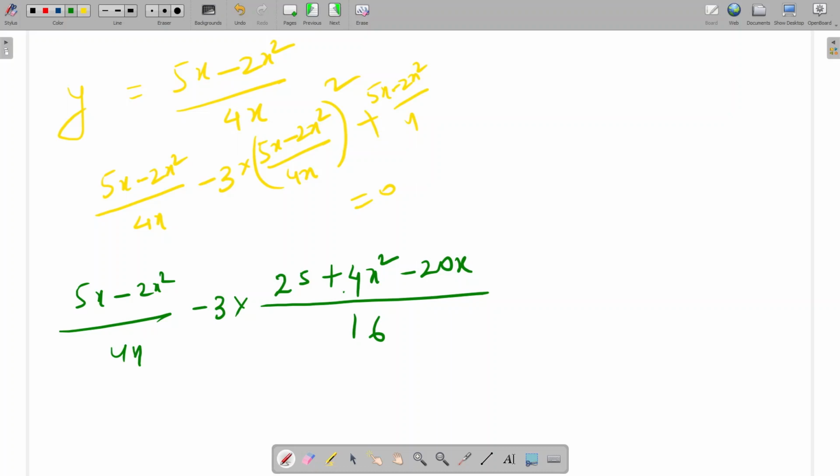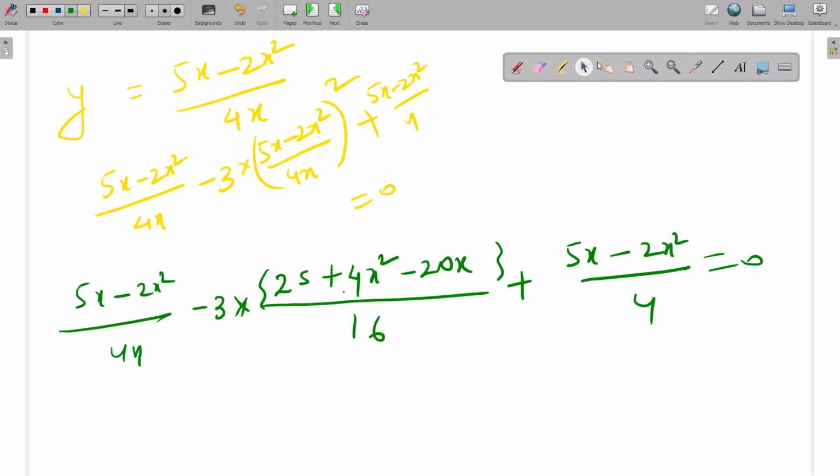Okay. Plus 5x minus 2x square by 4. This 3 is multiplied here. So we can take the LCM of this one. What will be the LCM? Can anyone tell? The 16 is there, 4 is there, and 4x is there, so that will be 16x.